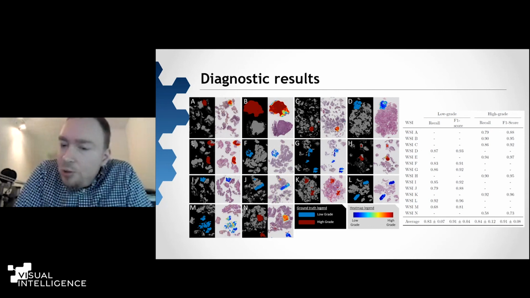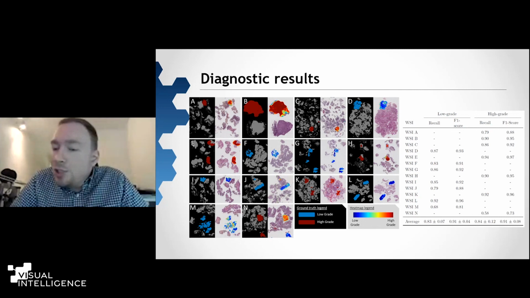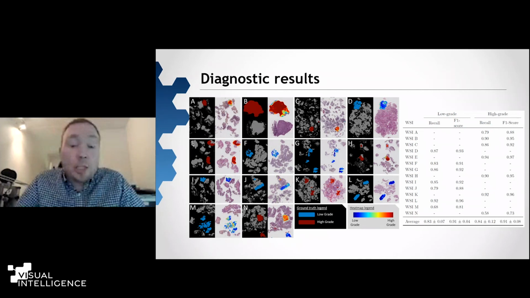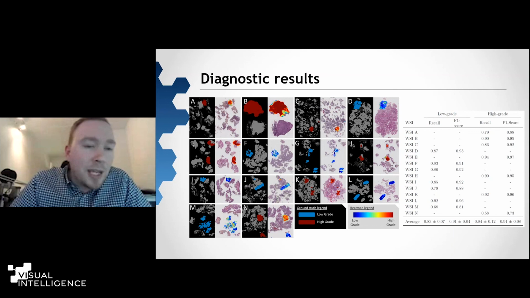We asked the pathologist to re-evaluate this region, and he stated that the region consisted of a mix of both low and high-grade features, and thus he classified the region as high-grade. But nevertheless, as mentioned, the model did an excellent job at the remaining slides.